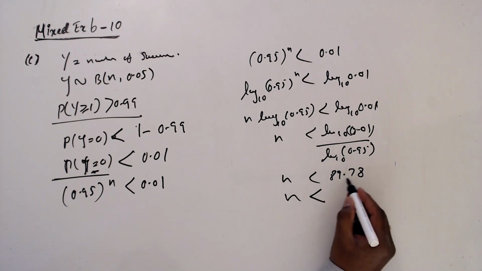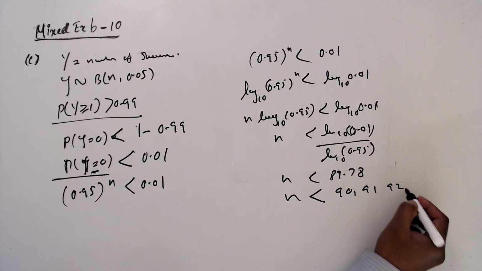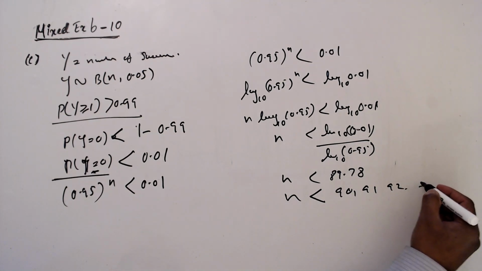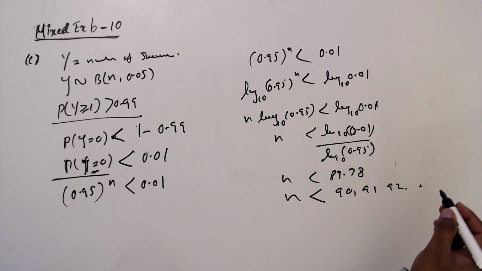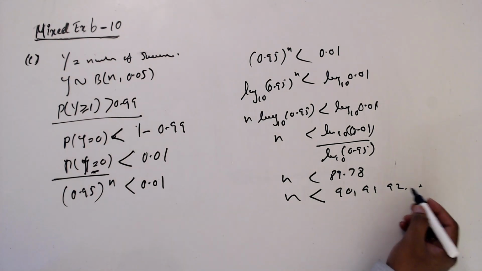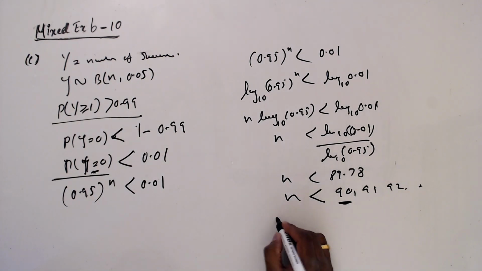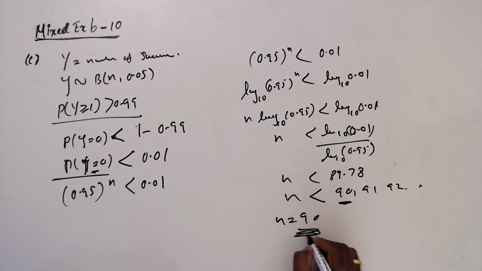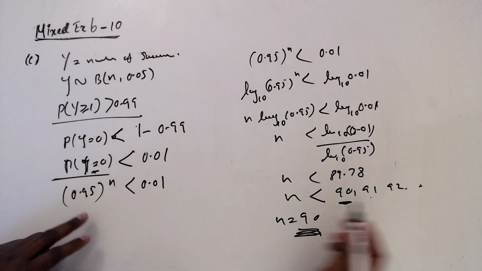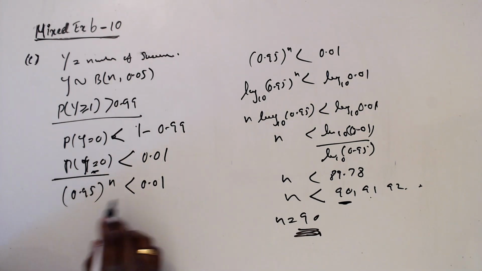Then n has to be greater than that, it means 90, 91, 92, likewise it goes up to infinity. But it has to be a finite number, so the minimum number we can take is n equal 90. If you take 91, 92, definitely this probability is less than 0.01.